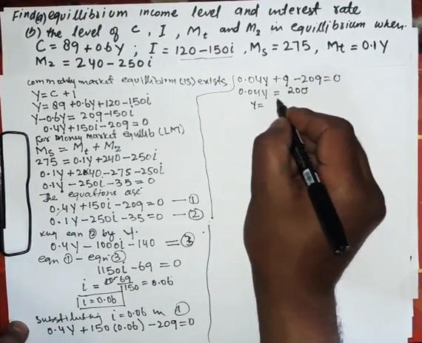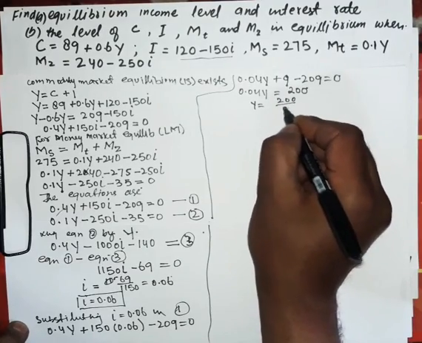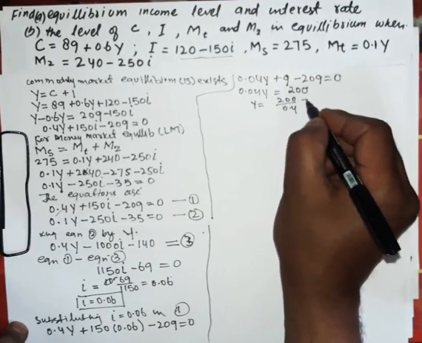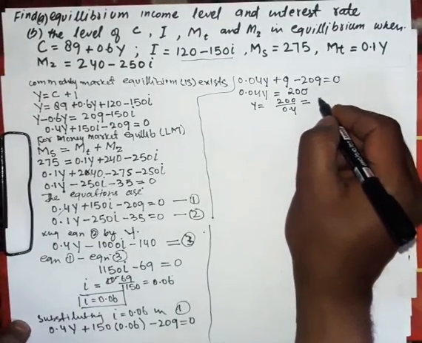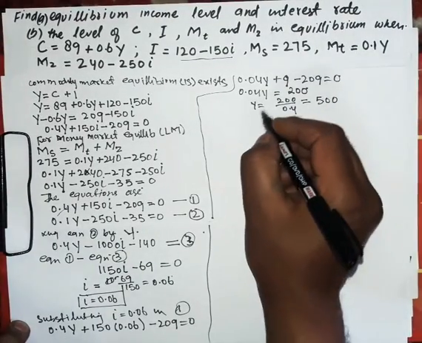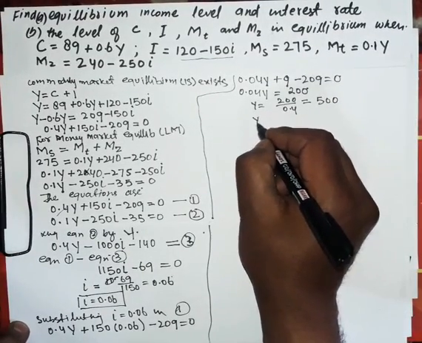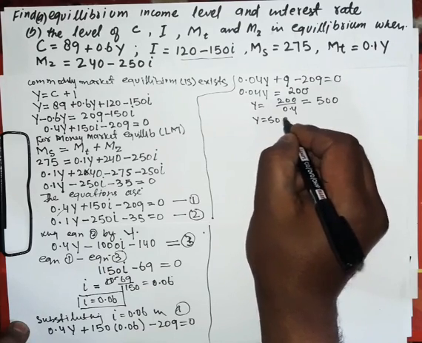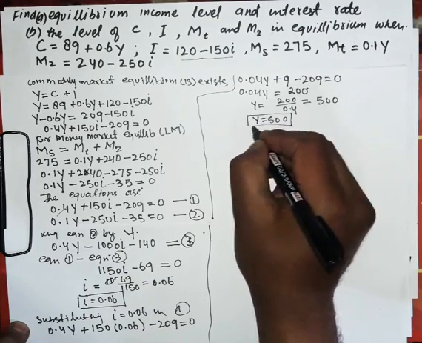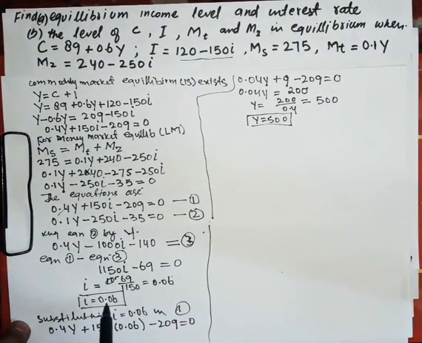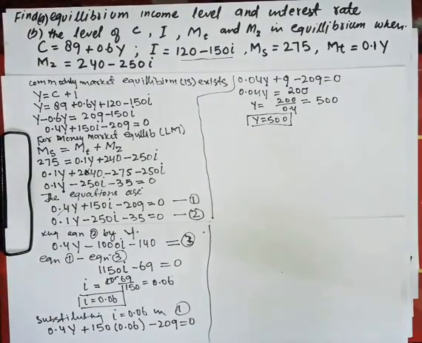Y is equal to 200 divided by 0.4, that is 500. So the level of GDP or income is Y equal to 500. This is our equilibrium level of interest, and this is the level of income.